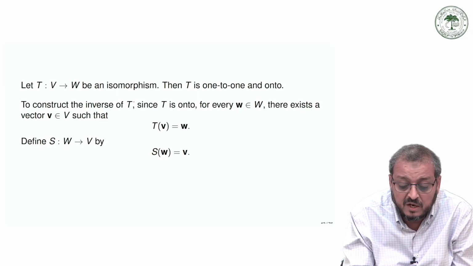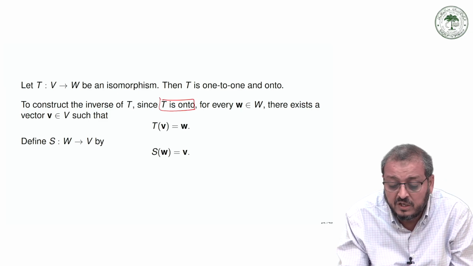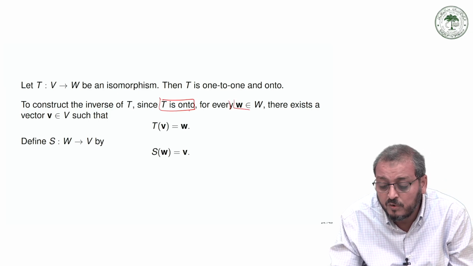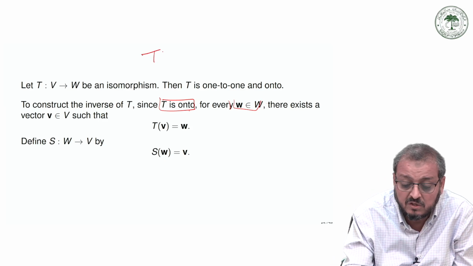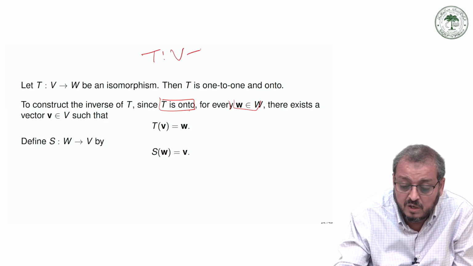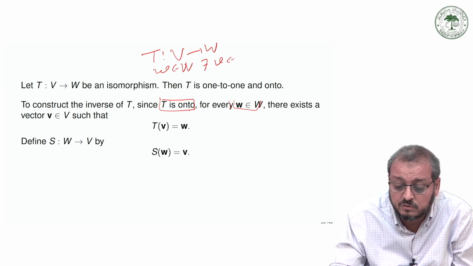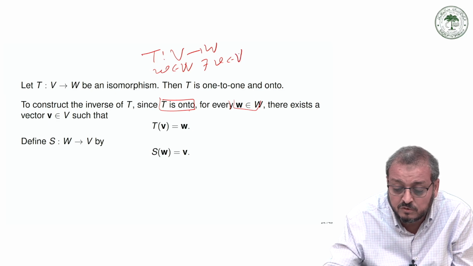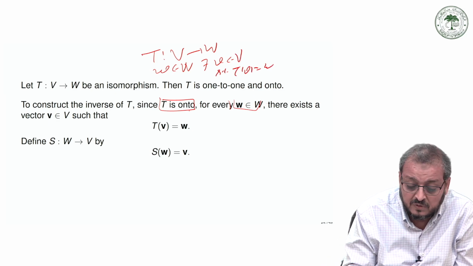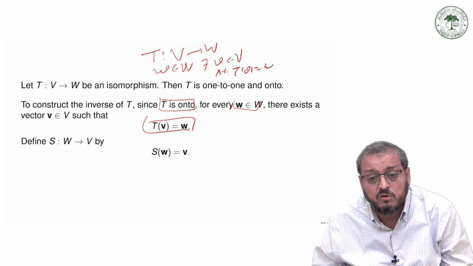Since T is onto, every element W belonging to W has some V belonging to V such that T of V is equal to W.